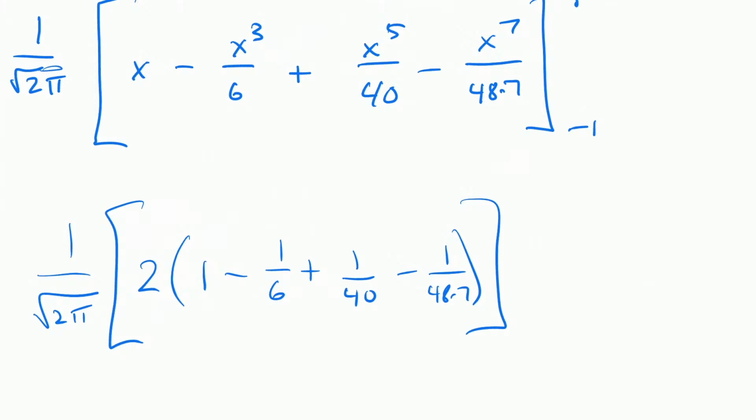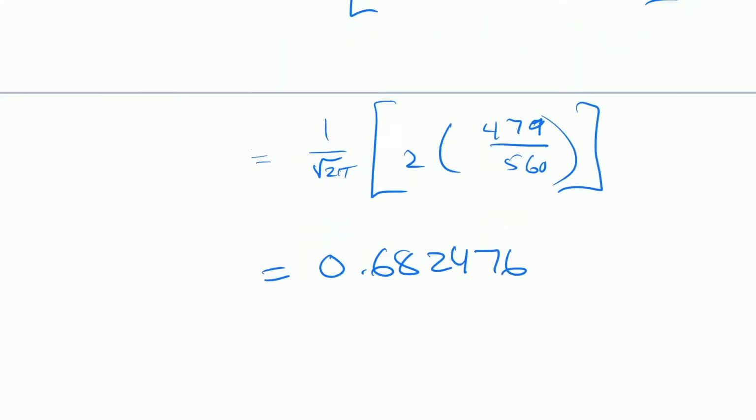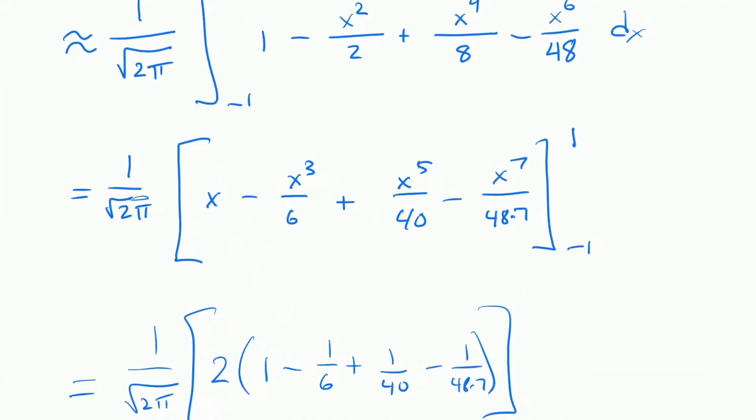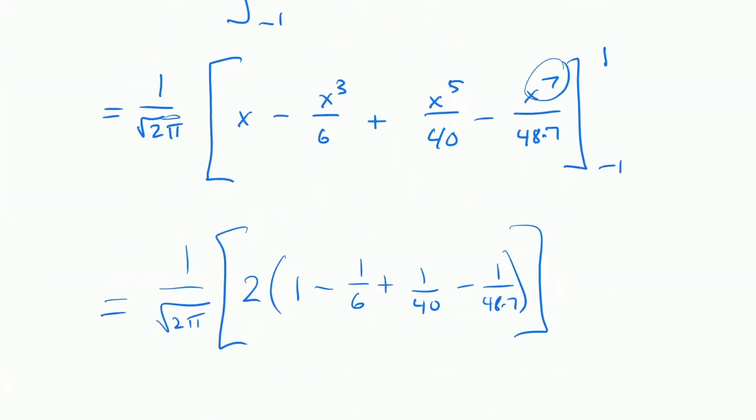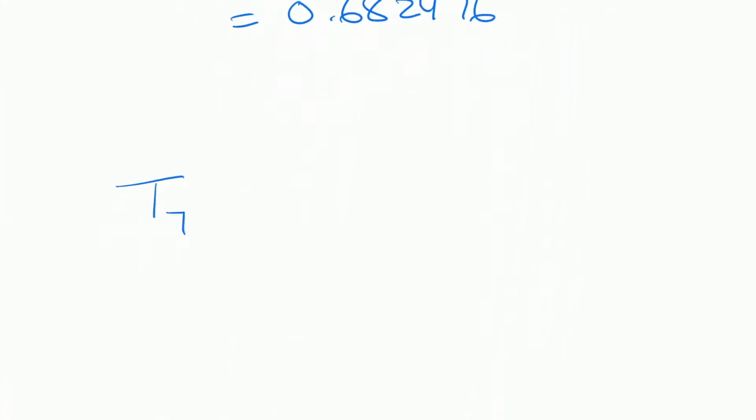We want to know what is the harm that we've done. The harm is going to be equal to the error. What I have here is the Taylor polynomial of degree 7. Yeah, it's the 7th Taylor polynomial.